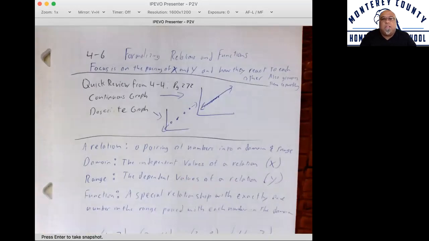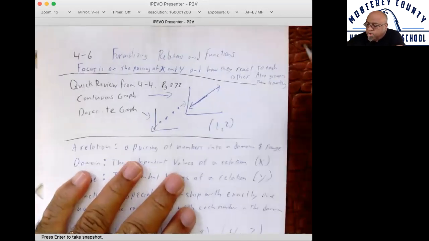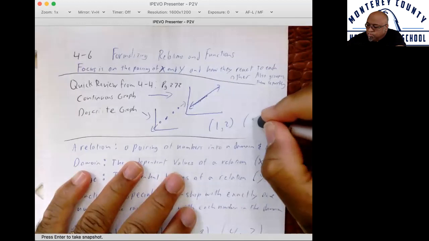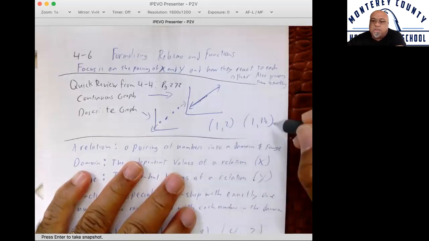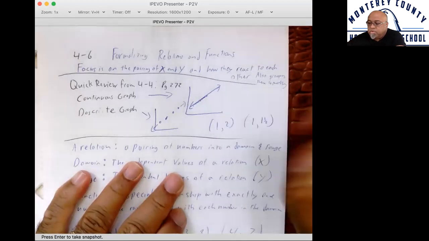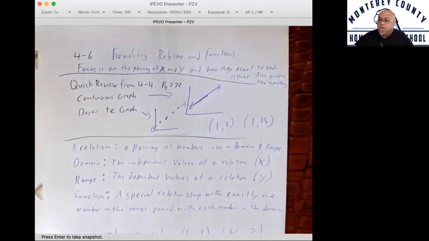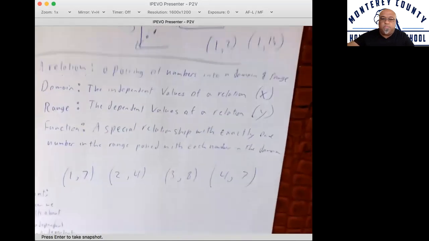Like, for example, if you have an ordered pair 1, 2, that would not have a fraction on it. But if you had 1 and then 1.5, that does have a fraction, and that's kind of where your line will show up in between the squares on the grid. All right, well, let's kind of go into today's lesson 4.6.